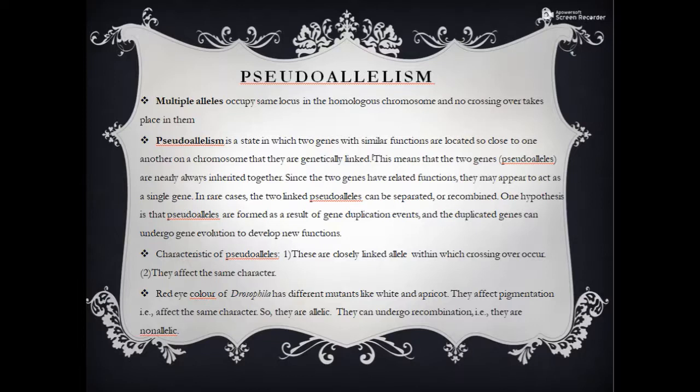So some red eye color variants in Drosophila might serve as pseudoalleles rather than multiple alleles. Not all the forms, but if they recombine with each other, they are considered pseudoalleles rather than multiple alleles. The characteristic of pseudoalleles is that they are closely linked alleles within which crossing over can occur, and they affect the same character.